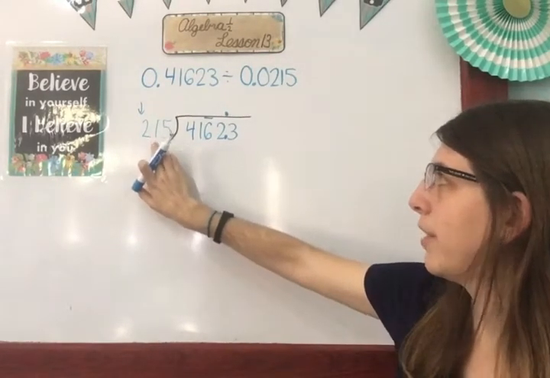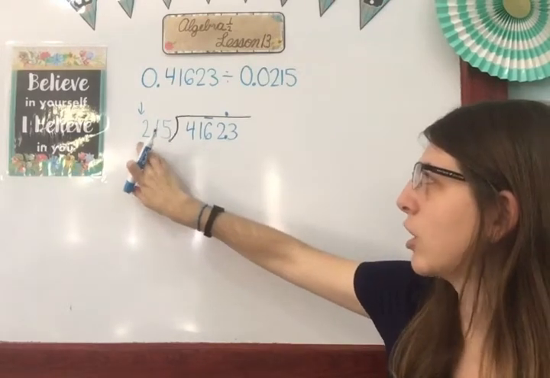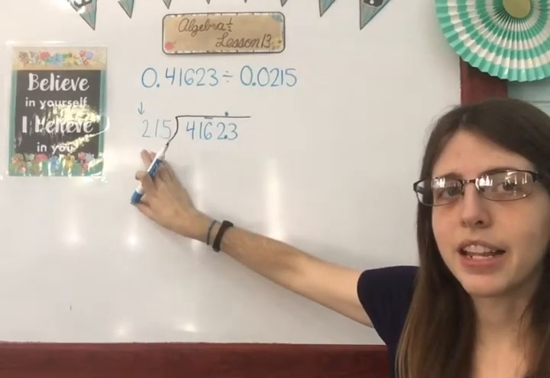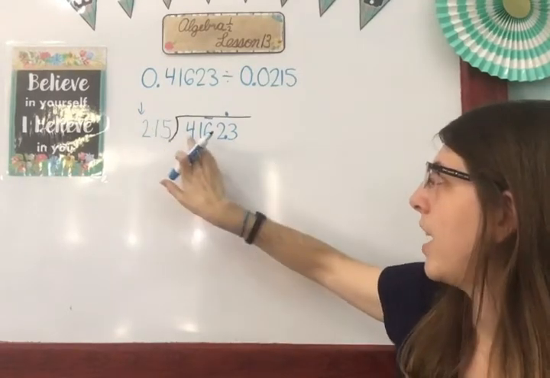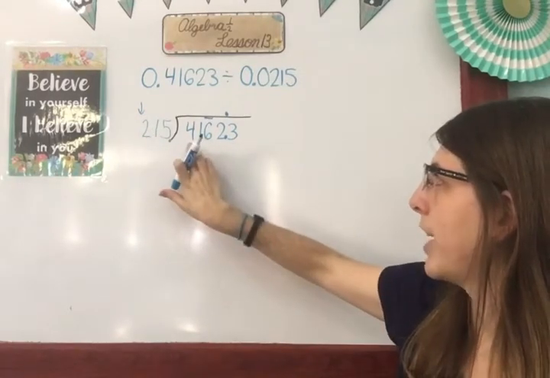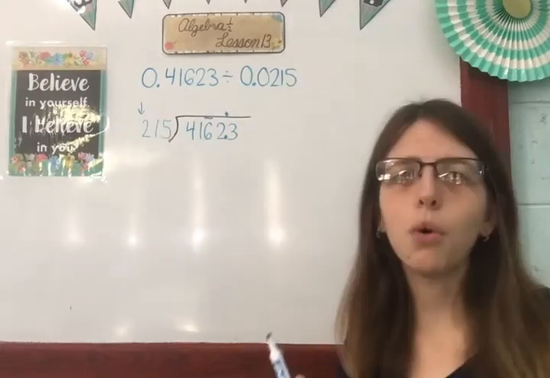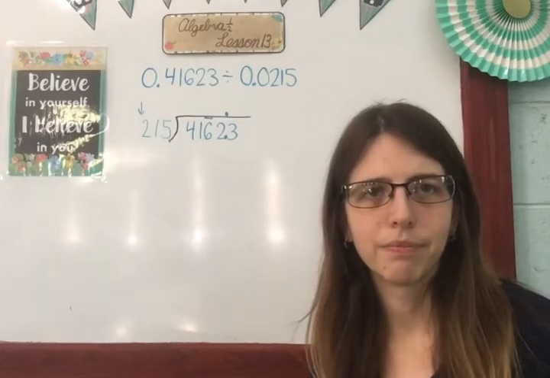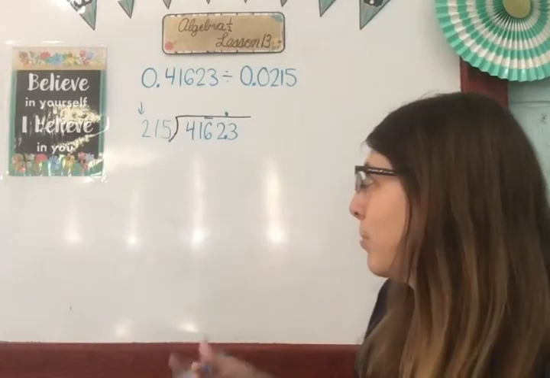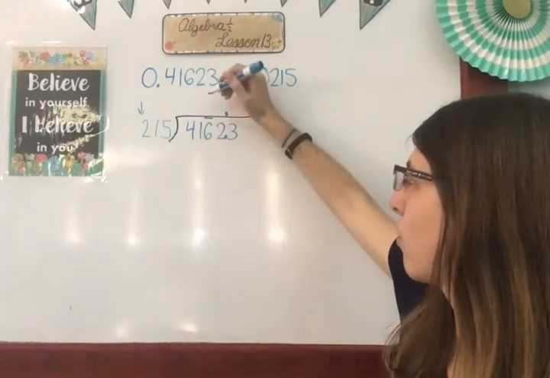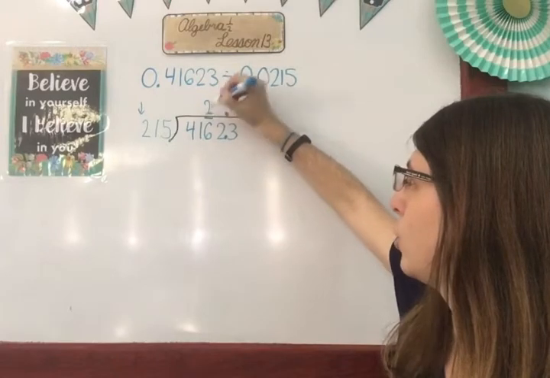Behind the 2, there's just a 1, so that means this is closer to 200 than it is to 300. So I'm estimating with a 2. Now I look at my number over here. 2 would go into 4 about how many times? About 2 times. So that means that probably 215 will go into 416 2 times.